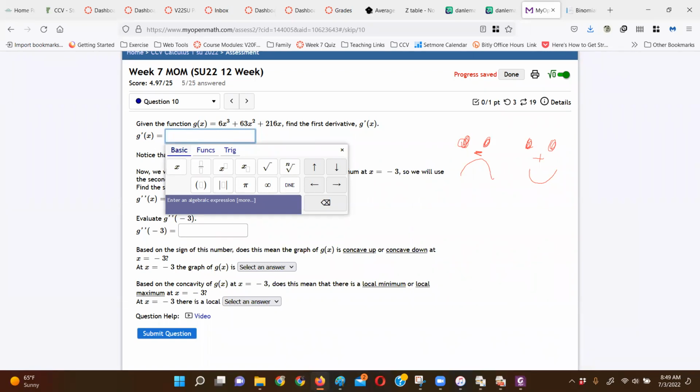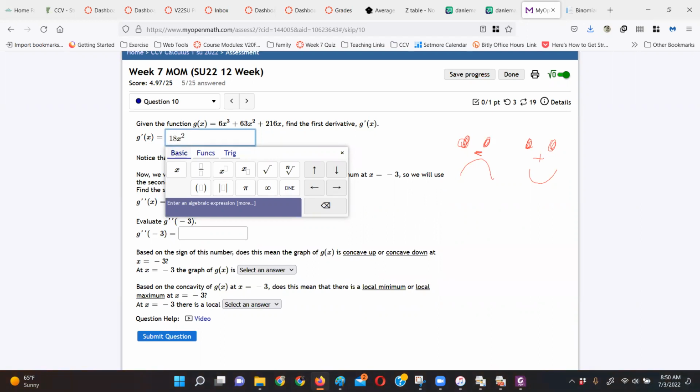So my second derivative is 18x squared minus 126x plus 216.